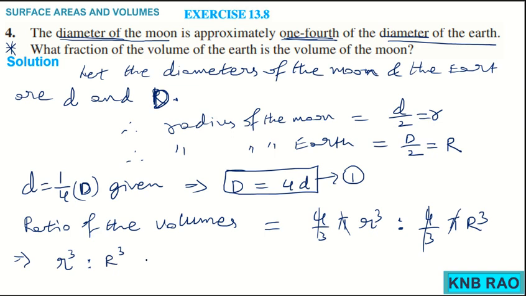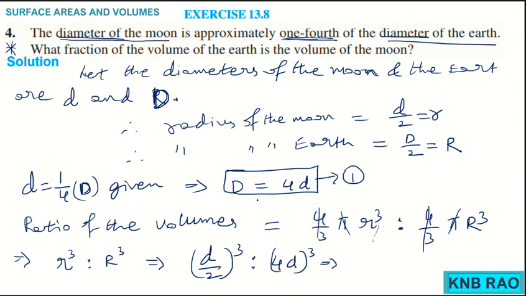Whereas I have to substitute small d by 2 whole cube is to 4d whole cube by 2, isn't it? That's it.